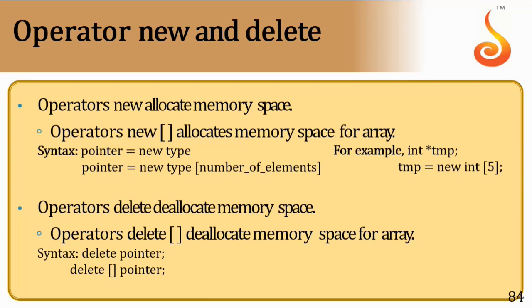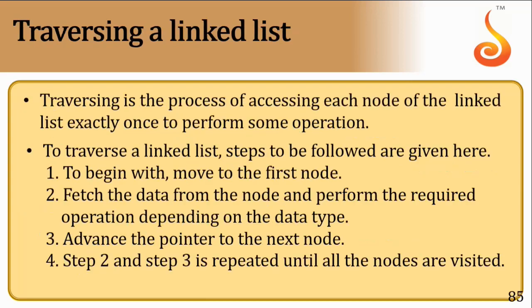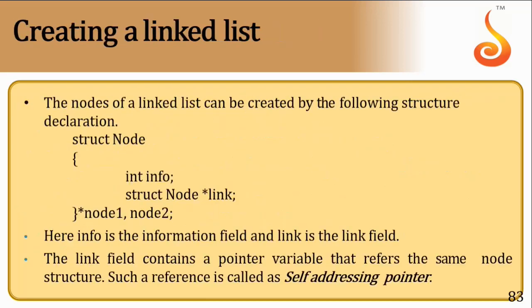So that is one operation, and then the node will have two parts. One is the information part, which contains the data of the node, like I told you, the receipt number I need to store. So the receipt number is the data, and then it will have a link part, which is a pointer which would point to the next node in the list. And then what are the operations I can do on a linked list?